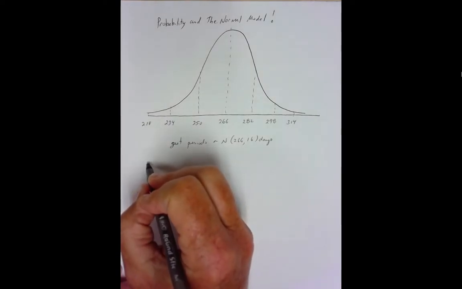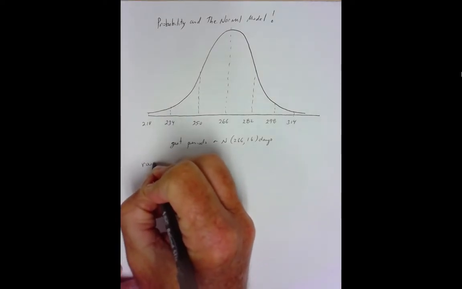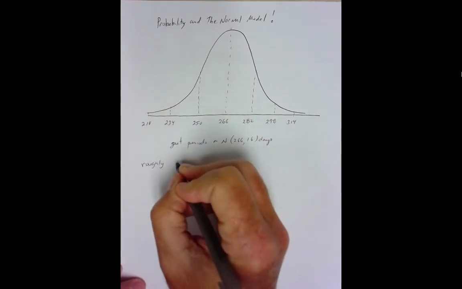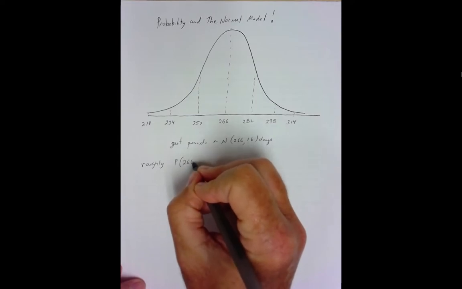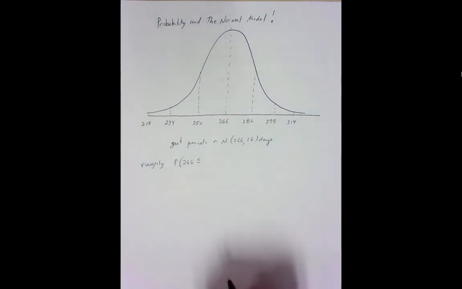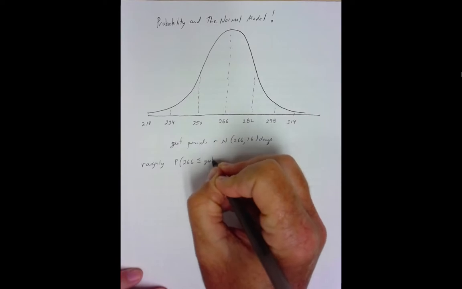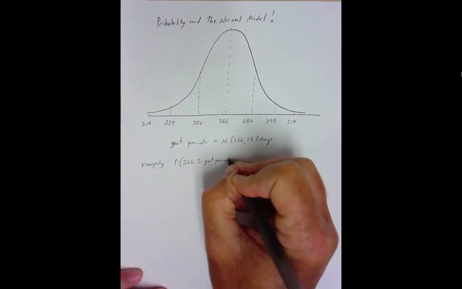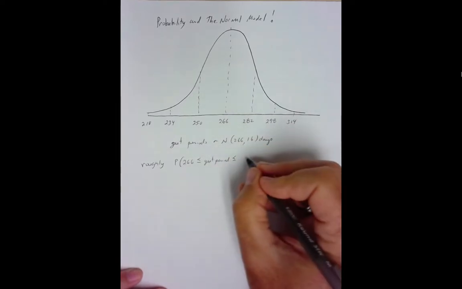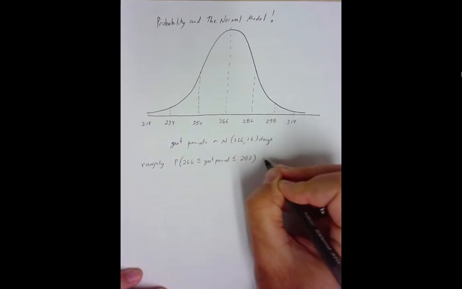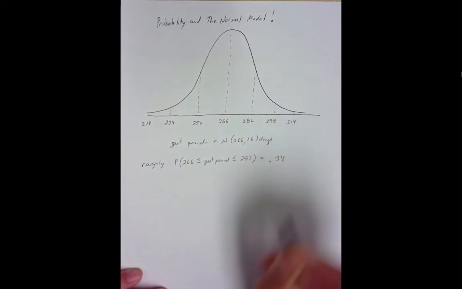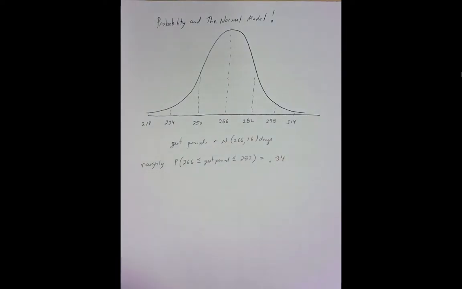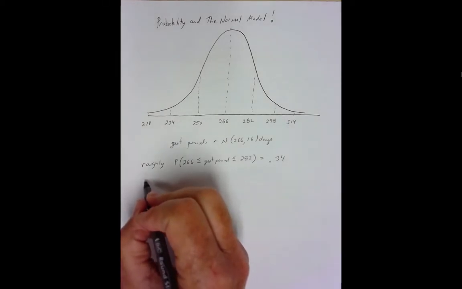We saw earlier that roughly the probability that a gestation period is between 266 up to 282 was about 0.34.